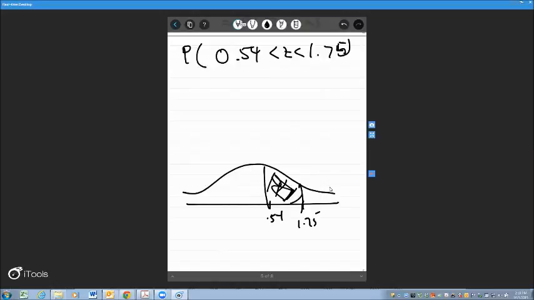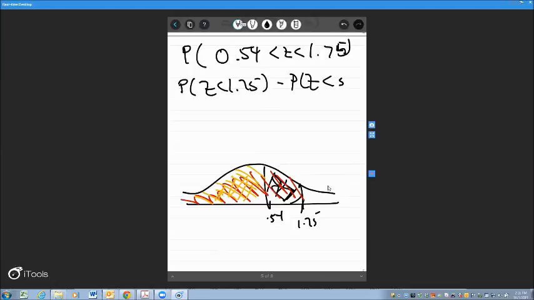In terms of my table, that would be the area all the way to the left of 1.75 minus the area less than 0.54. So this is really the probability that z is less than 1.75 minus the probability that z is less than 0.54. Again, we get the probability of being between two numbers by taking the probability of being less than the bigger one minus left of the smaller one.